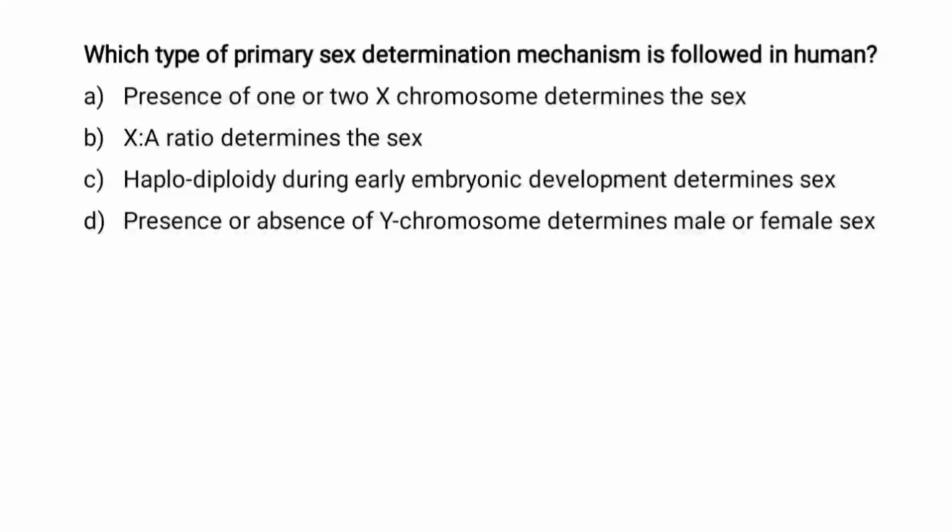Haplo-diploidy during early embryonic development determines sex in honeybees, while the presence or absence of Y chromosome determining male or female sex is there in humans. So our correct option will be option D.